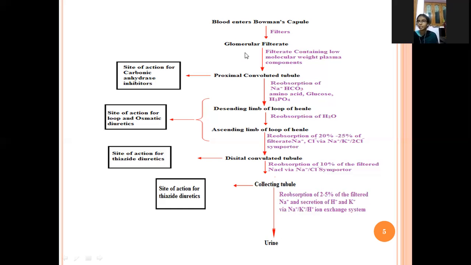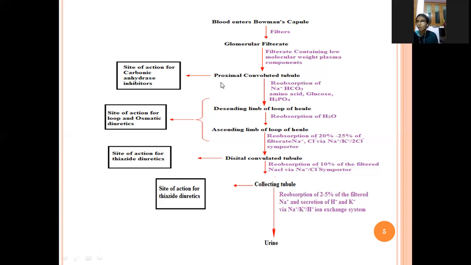To recap the mechanism of action, the blood enters the Bowman's capsule, gets filtered and enters the glomerular filtrate, and from there it enters the proximal convoluted tubule, where the reabsorption of sodium and carbonic acid takes place.